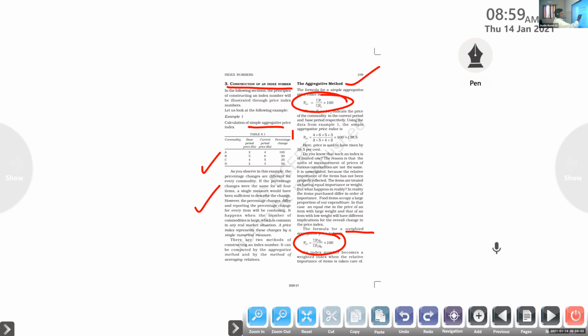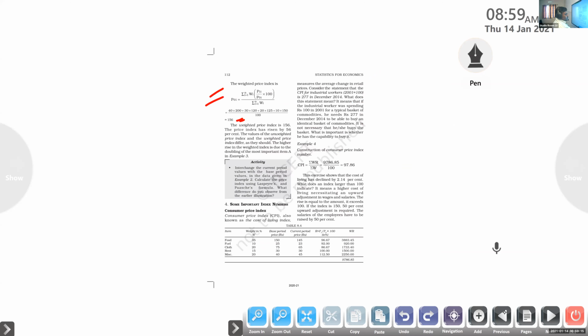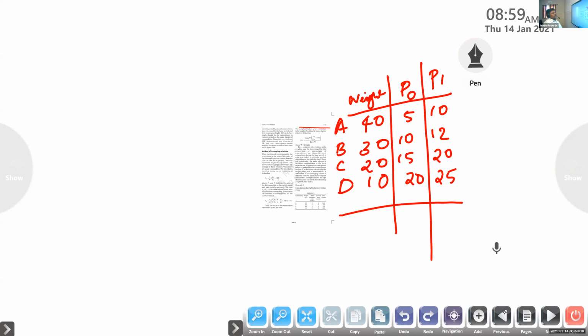This is just a percentage change only. So 200 minus 100, that's the 100 here. So you got 200, which means the price relative is 200. Write that one. Find the price relative, then calculate it.